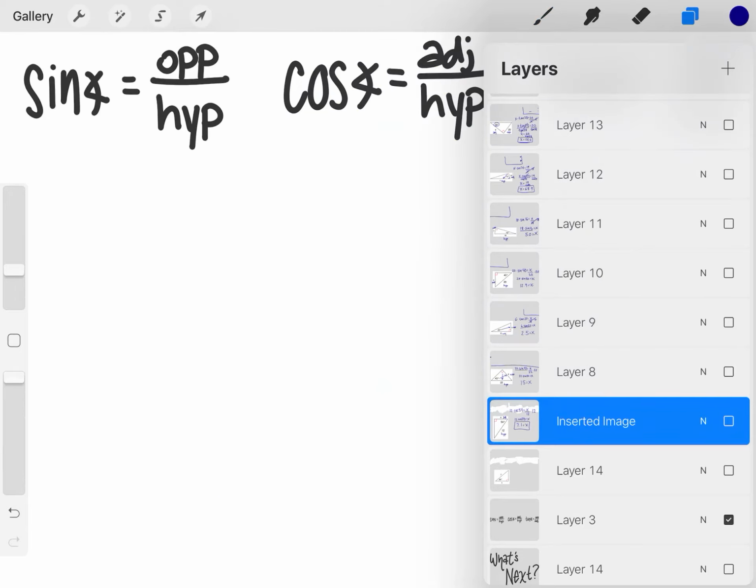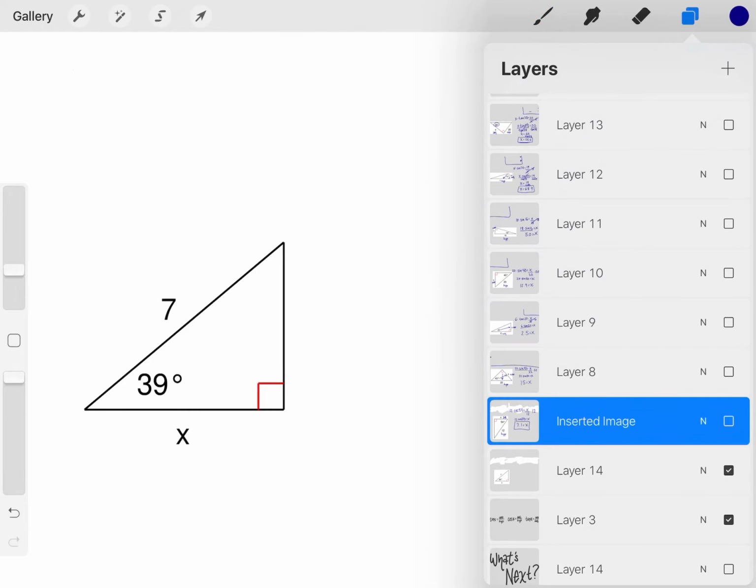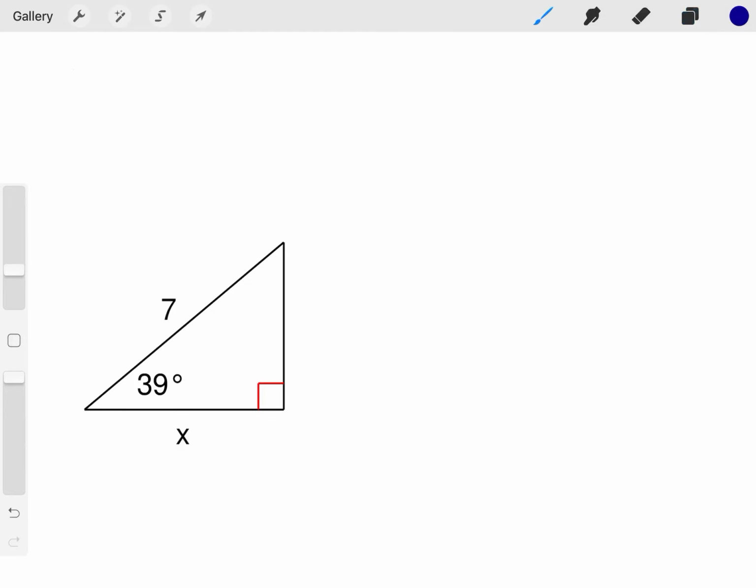And the last one we have for the day. You've made it so far. What is the value of x rounded to the nearest tenth? All right, 7 is our hypotenuse. X is our adjacent side. Much like the last problem we did, we have the adjacent side and the hypotenuse, meaning we need to be using cosine.